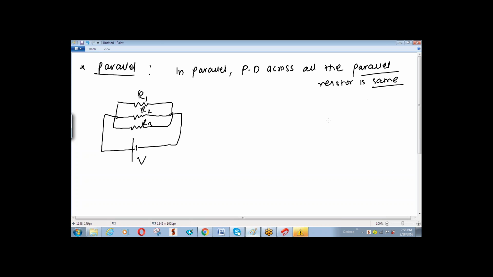Let's suppose two resistors are in parallel. That means potential difference across them, or potential drop across them, will be equal. Right. So take a realistic example now. I'm giving you one realistic example. Let's suppose this is the case.